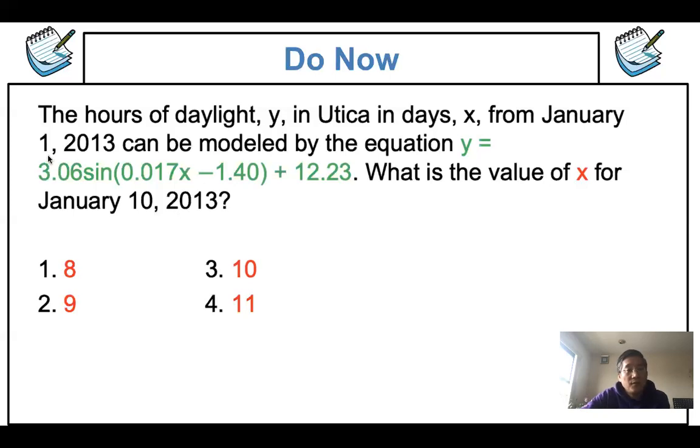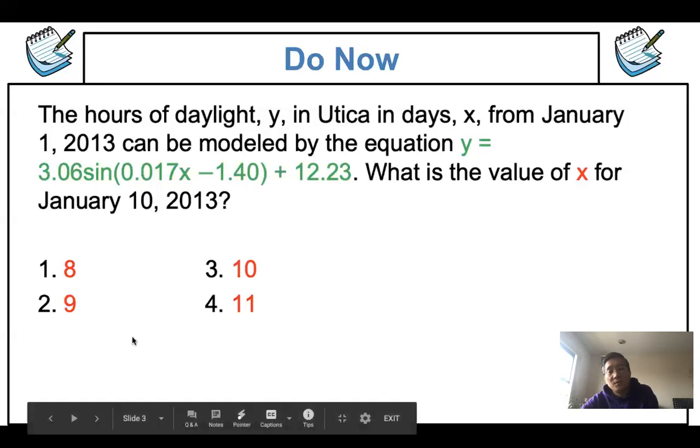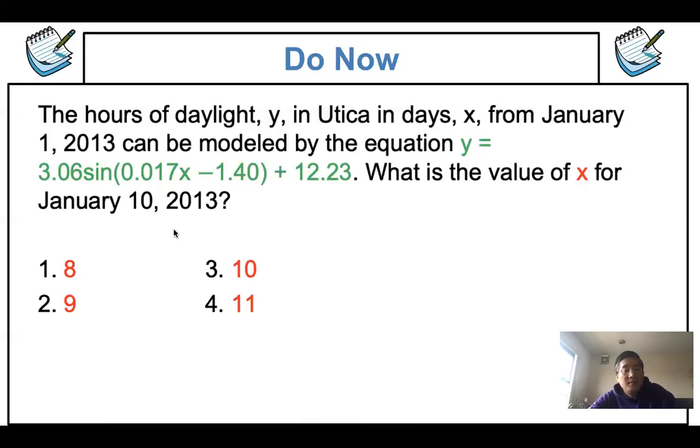So January 1st, 2013 is the starting point. Then what is x? 8, 9, 10, 11. It's a multiple choice. What do you think? Is it 10? We need to think about this, okay? So how many days pass from January 1?